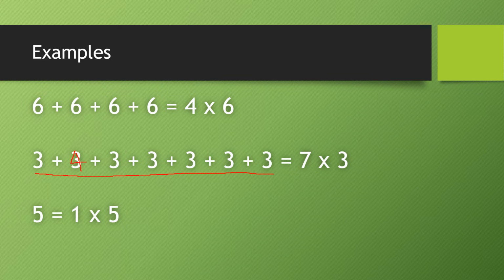No, you can't. So if it is the same, we can write it like this: 3 plus 3 plus 3 plus 3 plus. What if there's 100 threes? It's very hard. So here it is 7 times 3.